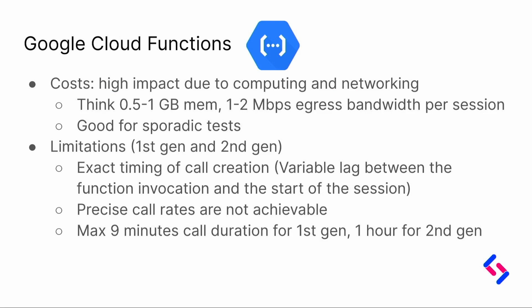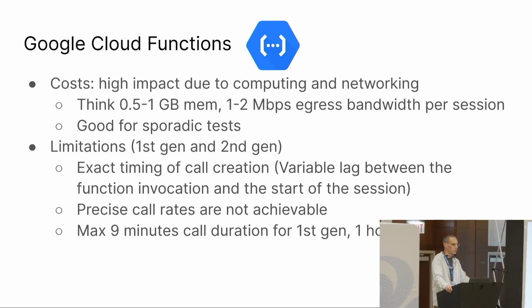And then Google Cloud Functions is an example of a serverless solution that has been useful in the last months for the tests. Of course, it's not the solution, it's one possible solution. The nice thing is that it scales very well, so you don't have to worry that much about the amount of calls that you make to your functions.